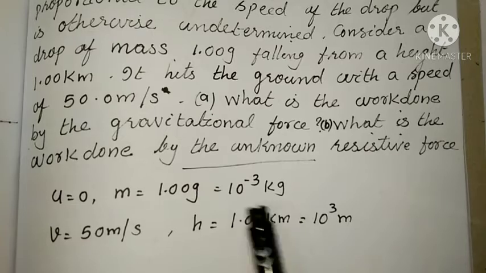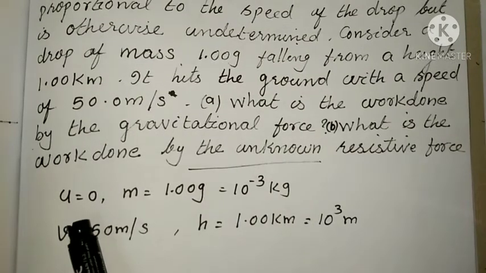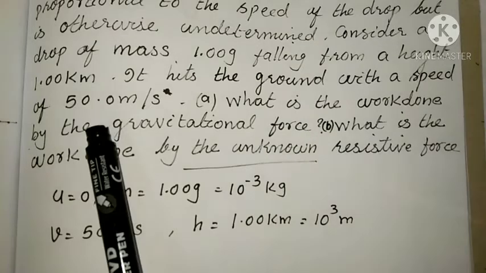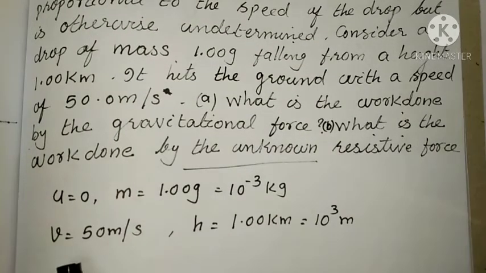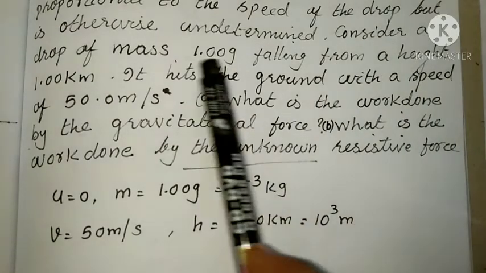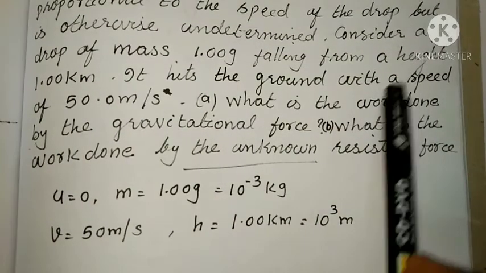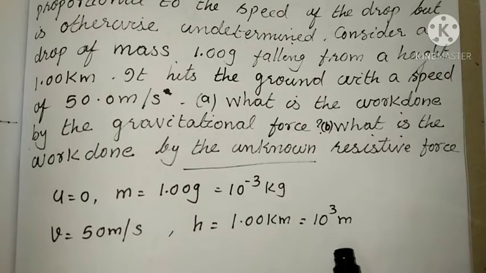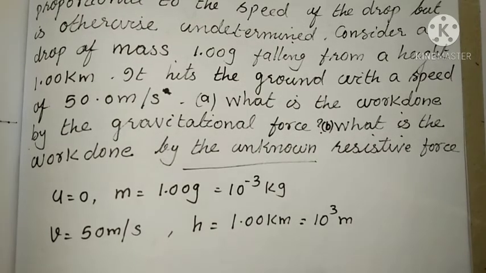We assume that initially the drop is at rest, so u equal to 0. Then it moves with a speed of 50 meter per second, that is v equal to 50 meter per second. The height from which the drop is falling is 1 kilometer; change it into meter, that is 10 raised to 3 meter.